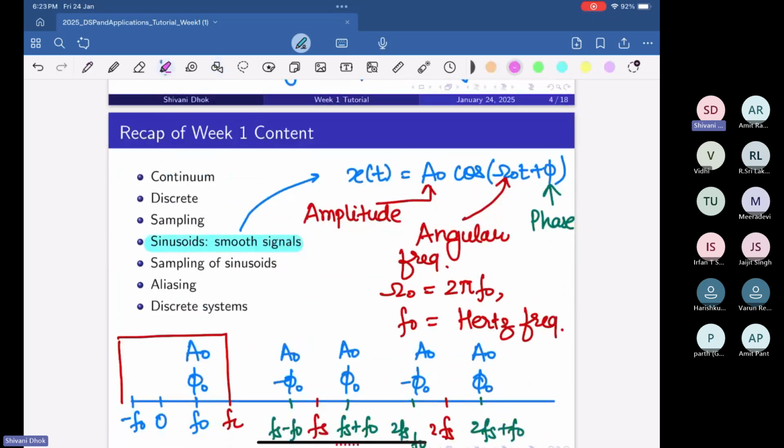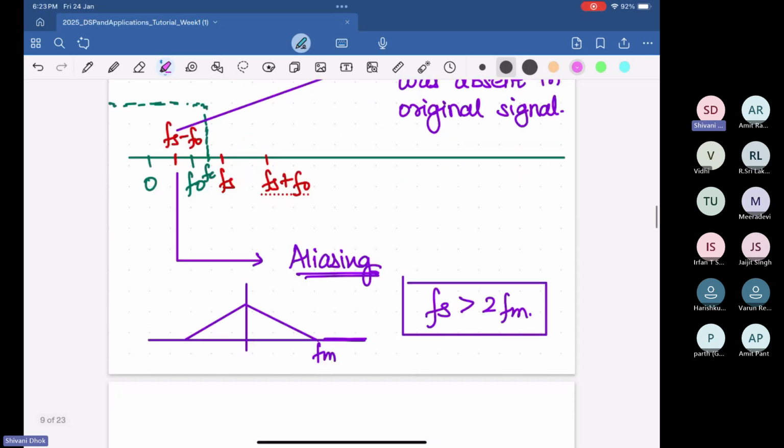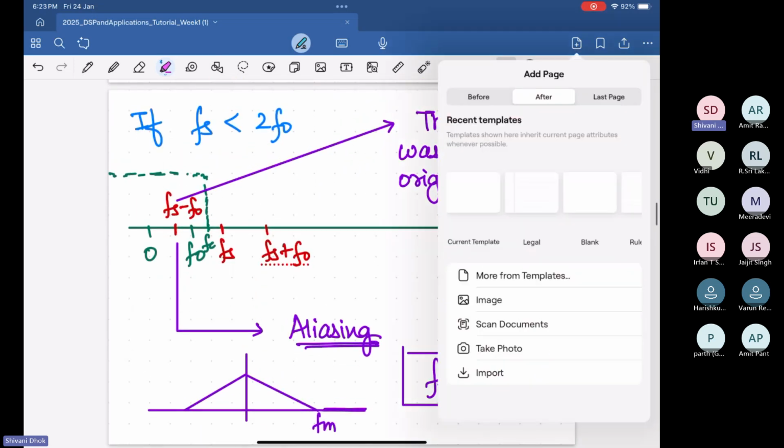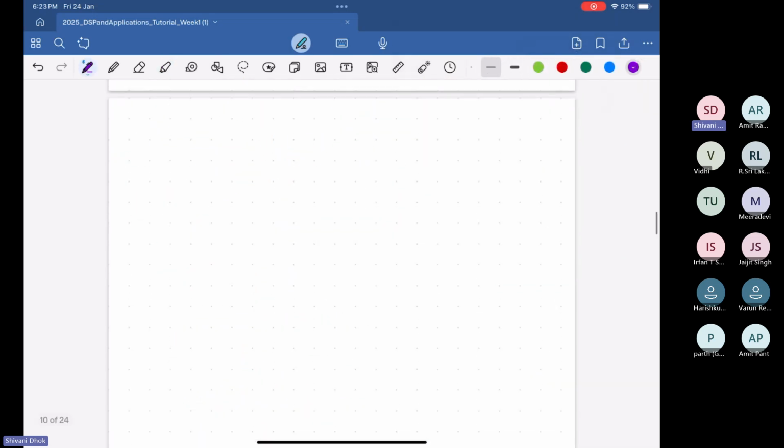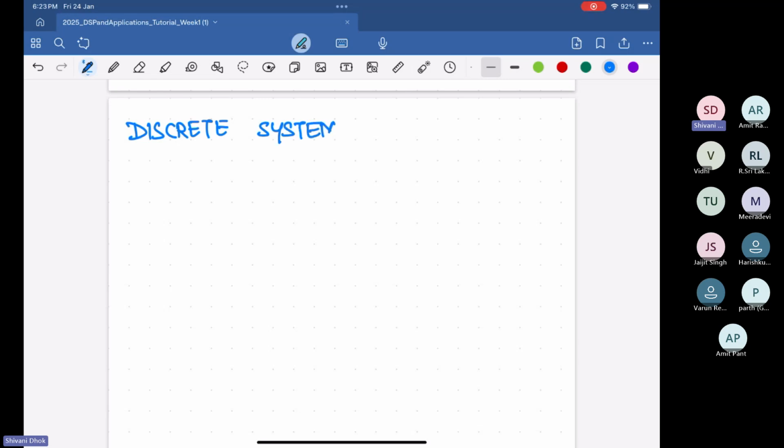After we looked at this sampling of sinusoids and aliasing, we said we'll then look at the discrete systems. So what do we mean by a discrete system? A discrete system is something that is taking in a discrete time input and leads to a discrete output.